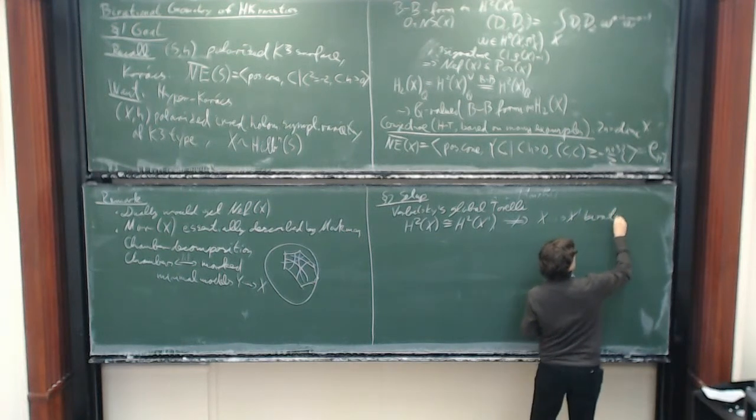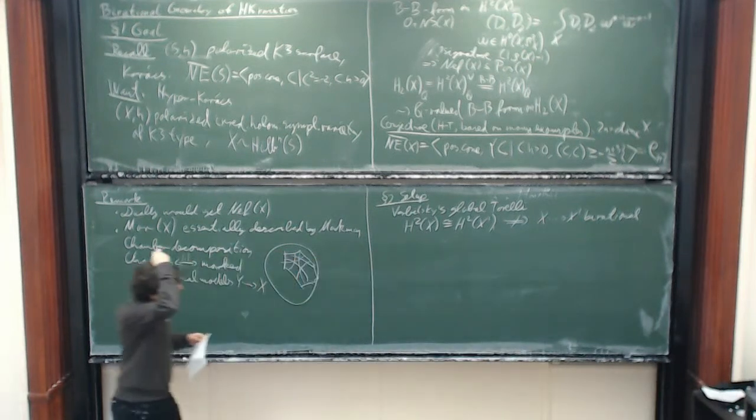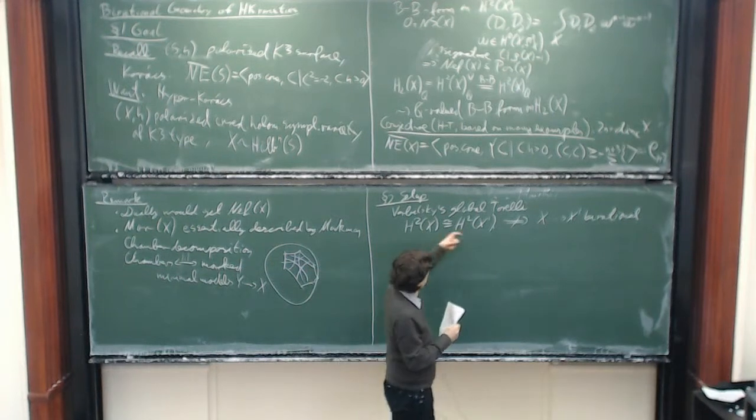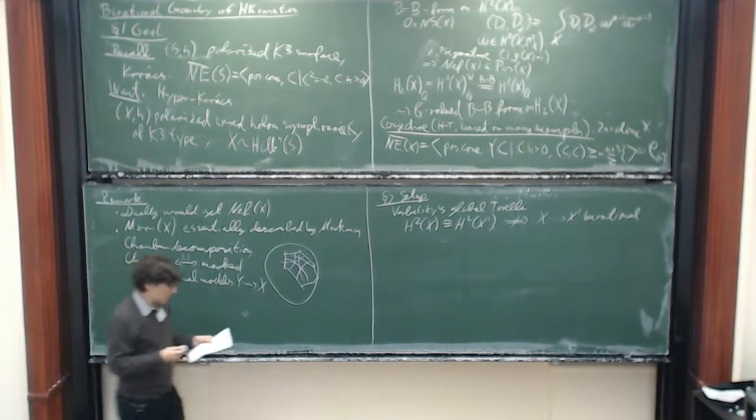The period map identifies birational models, but even after that it's finite to 1. And it only identifies this if the isomorphism is given by a monodromy transformation.